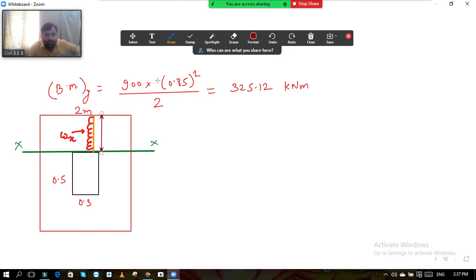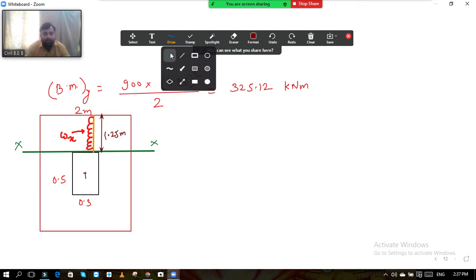How much is it? From the centroid, if this vertical is 3 meter, then from here it is 1.5. So it is 1.5 minus 0.25. It is 1.25. So this length is 1.25 meters.